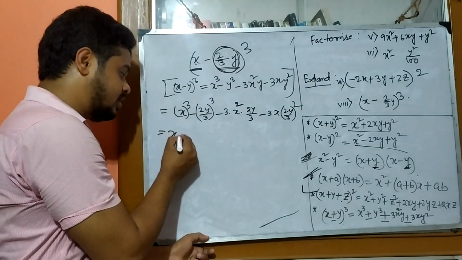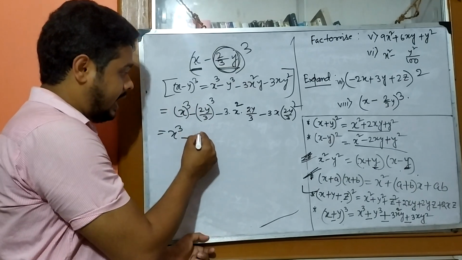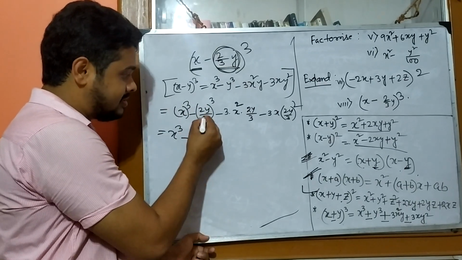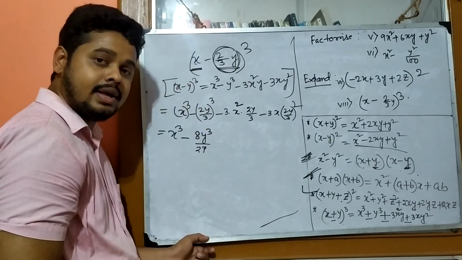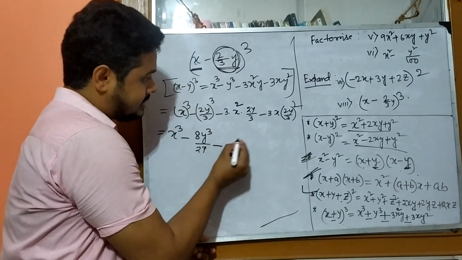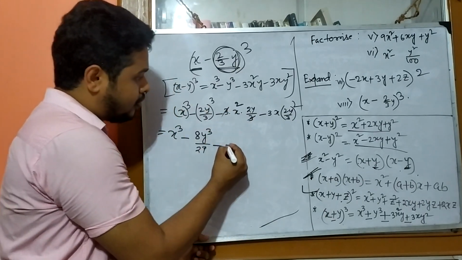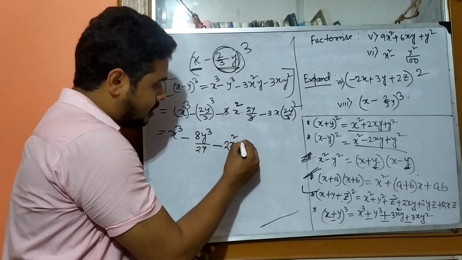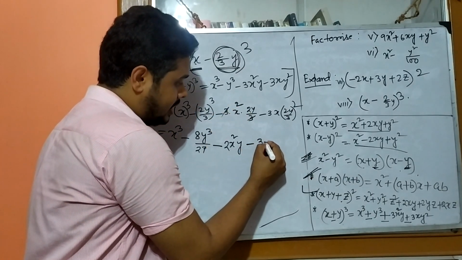Clear? Now x cube means x cube, no problem, minus. Now 2 cube means 8 y cube by 3 cube means 3 3s are 9, 9 3s are 27, minus. Now this 3 may be cancelled, therefore 2x square y. Okay, now 3x.